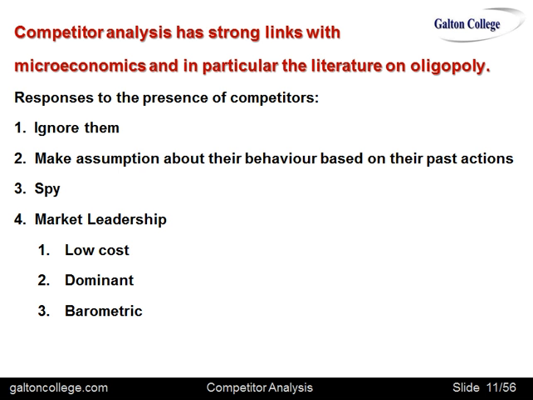So it varies the price, and customers are quite happy, and because it gets it right more than it gets it wrong, the other companies follow its price leadership. It's not necessarily a low-cost firm, it's not a dominant firm, it's just a company that is good at setting prices.